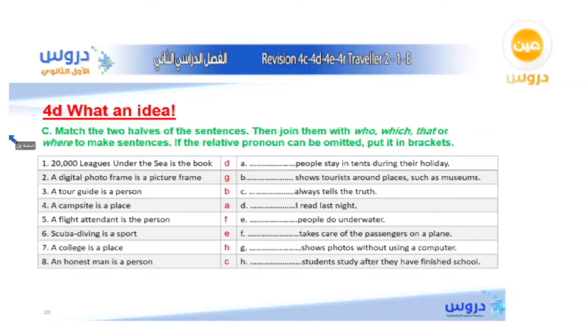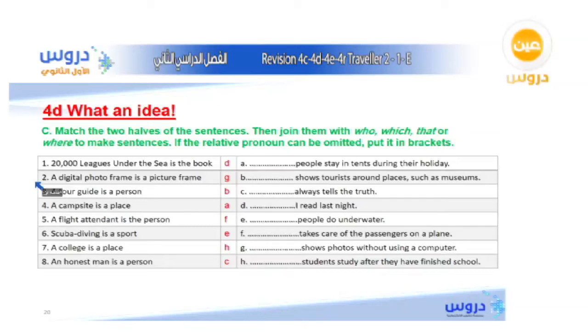Here is the lesson for D. Match the two halves of the sentences, then join them with who, which, that, or where to make sentences. If the relative pronoun can be omitted, put it in brackets.